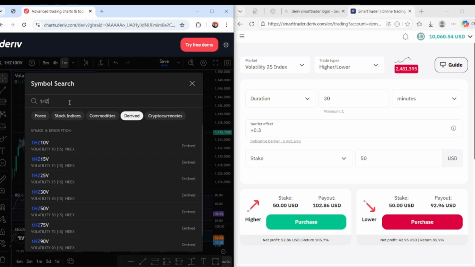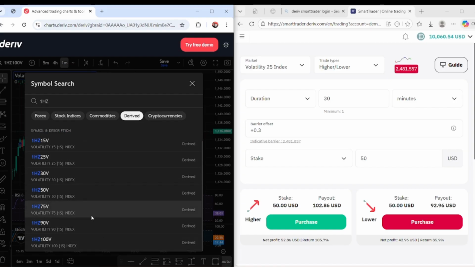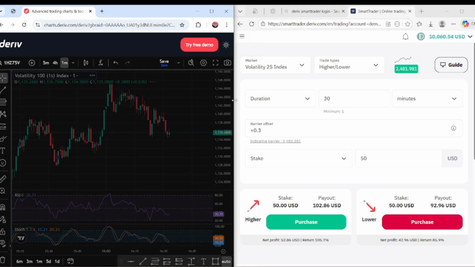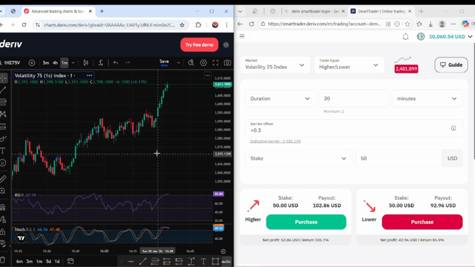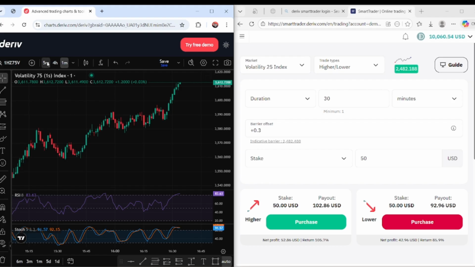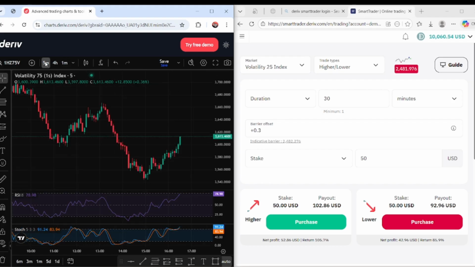I'll just check on other pairs to see if I'll get a signal. Vix75 1x, let me check Vix75 1x. Oh wow, okay, this one is a new one. Let me check my 1 minute and see where they're headed. Wow, this is a very bullish momentum candle, very bullish momentum candle.